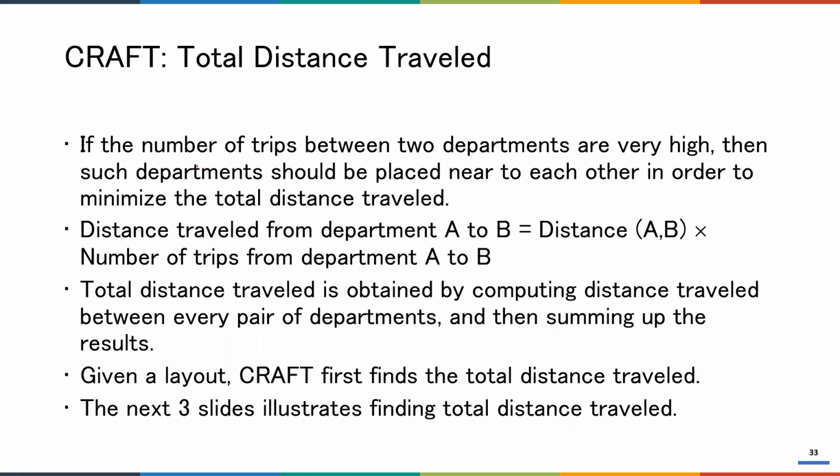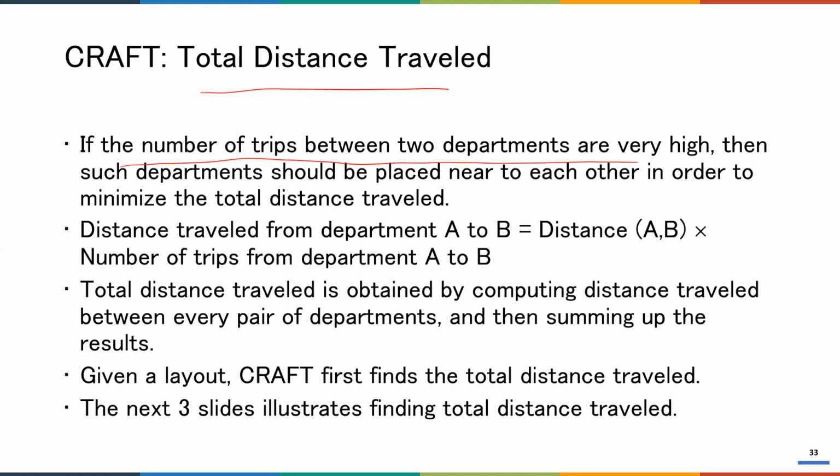In CRAFT, we analyze our layout based on the total distance traveled. The bigger the total distance, the worse the layout. CRAFT also has a rule that if the number of trips between two departments is very high, they should be placed next to each other.